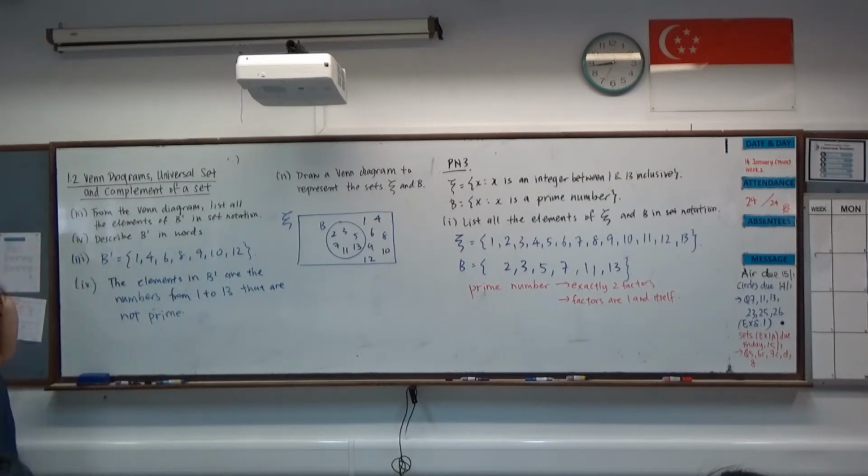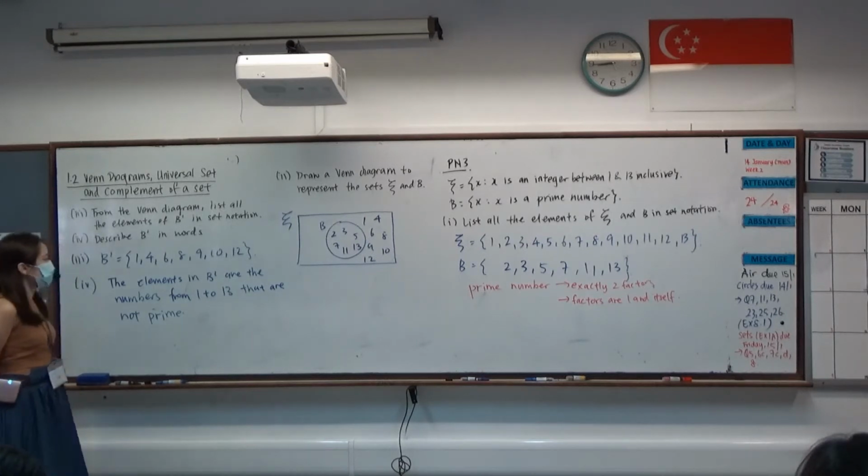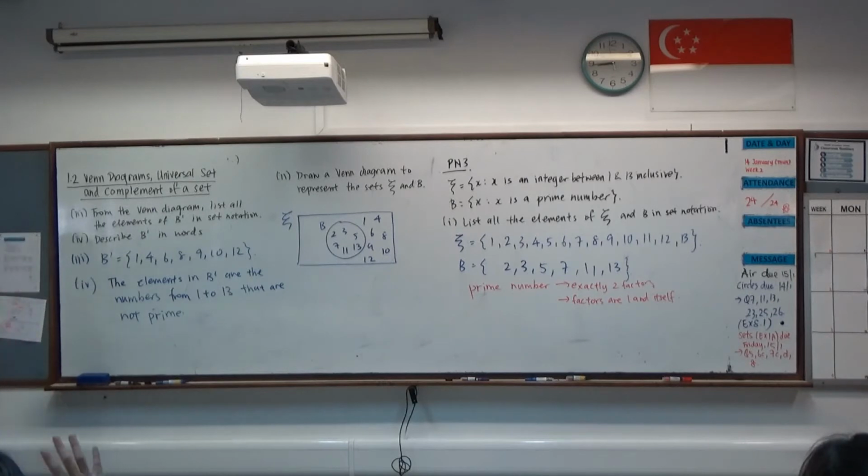Okay. Anybody else thinks differently or feel that something is not right? No? You all can accept this answer? That the elements in B prime are the numbers from 1 to 13, since you're talking about 1 to 13, that are not prime. Yes?